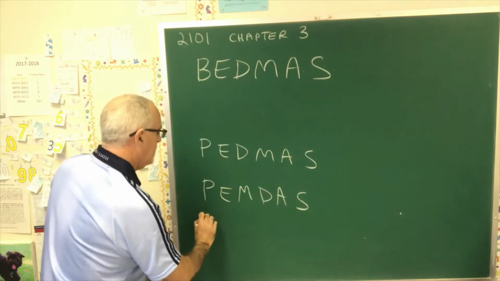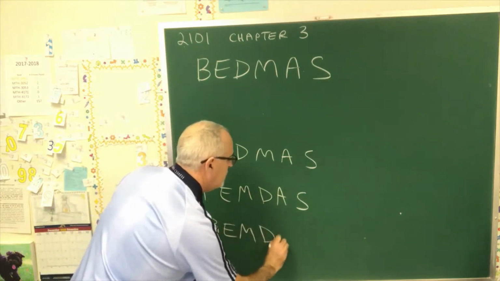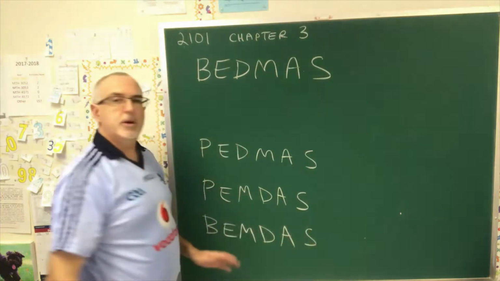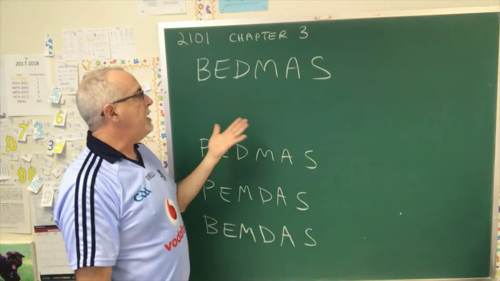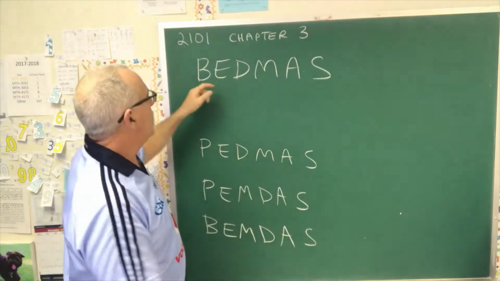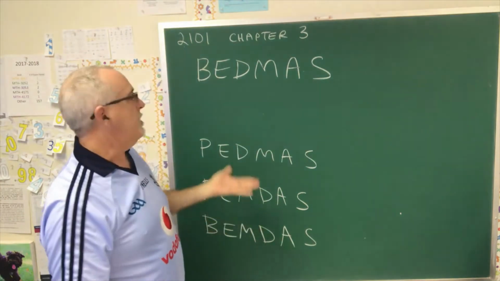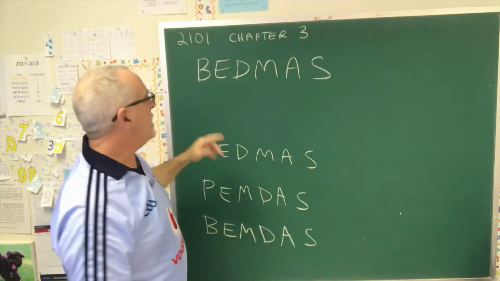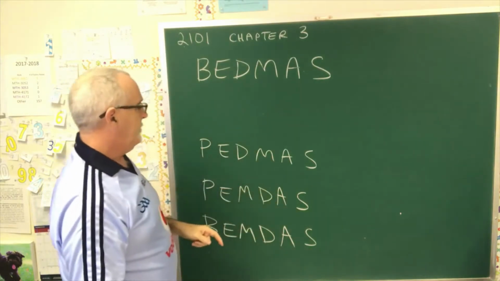And sometimes it's called BEMDAS. And I'm sure there are others. These are just acronyms that help us to remember the order of operations. When they're arranged in this way, it sort of forms a word, and you can remember the word. I use BEDMAS. I'll explain what the differences are.